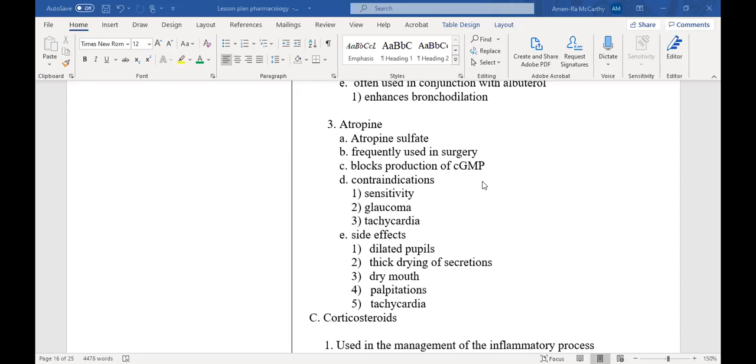Atropine sulfate is frequently used in surgery because a lot of times in surgery, patients' heart rate starts to drop. Why would somebody's heart rate start dropping in surgery? What do you think is causing that? Blood loss, good. But what about if it's not blood loss? What would be something else that's going on during surgery?